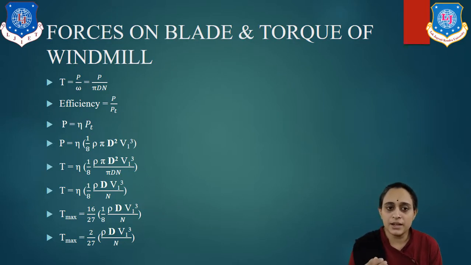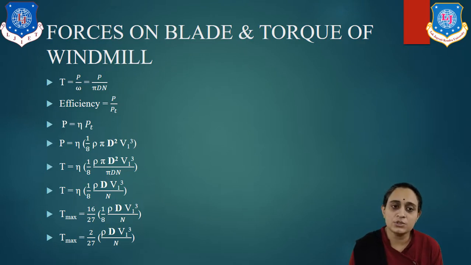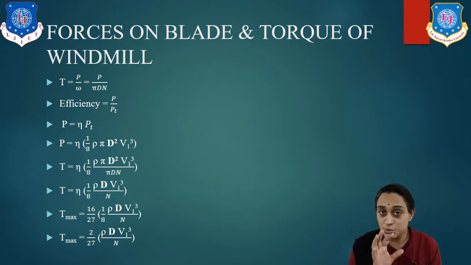Now omega is related with the velocity, and velocity is related with the diameter, so that we can write omega as pi d n if you remember. So finally we can write down torque T is equal to P upon pi d n as you see here. So this will be our first equation.